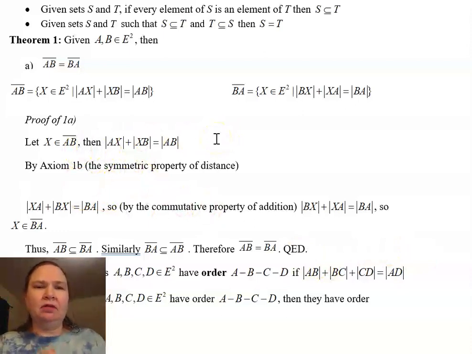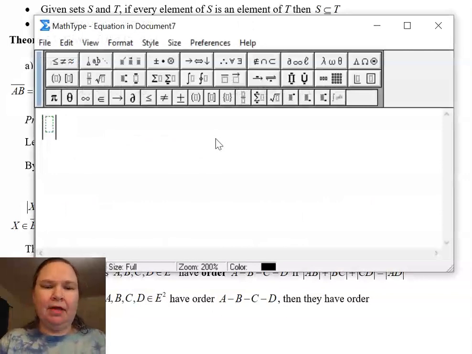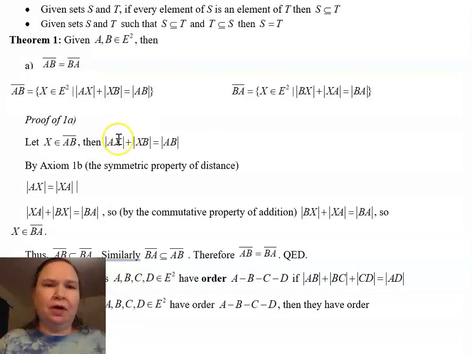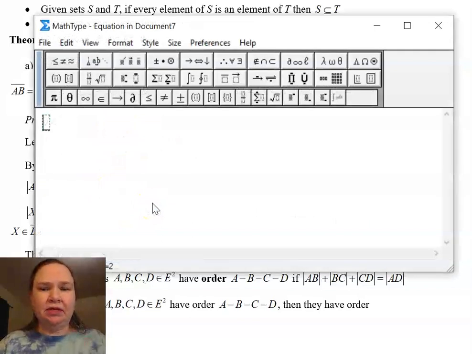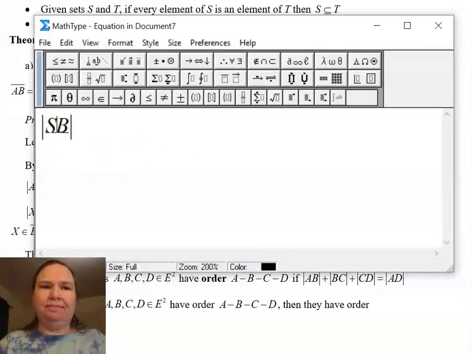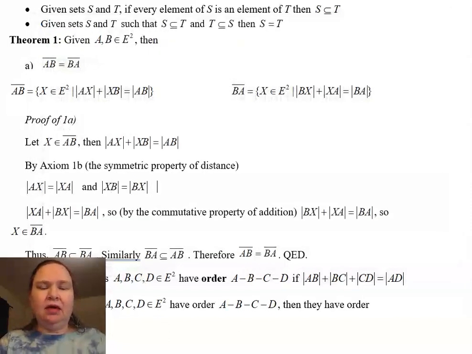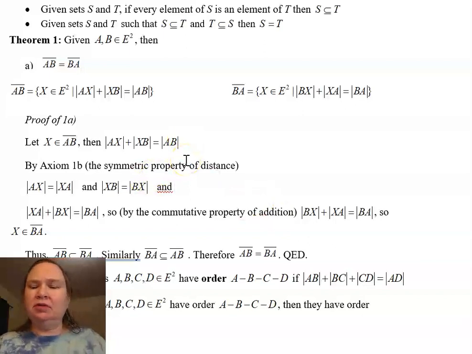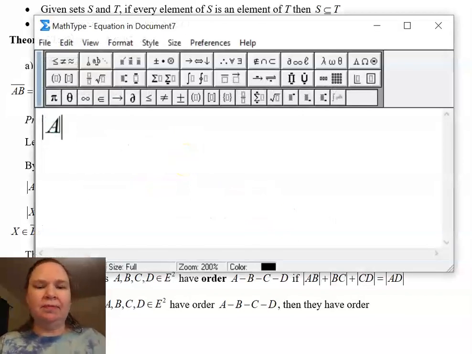I'm saying that AX is equal to XA. So that's my first piece of this equation. And I'm also saying that XB, the distance from X to B, is equal to the distance from B to X. And I'm also saying that the distance from A to B is the same as the distance from B to A. And that's using the symmetric property of distance every time.